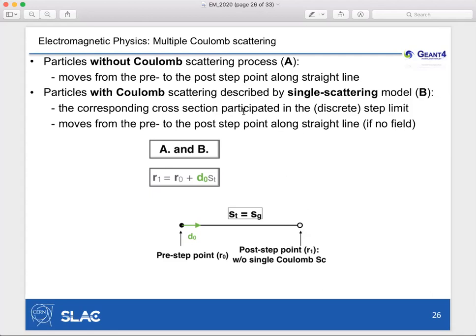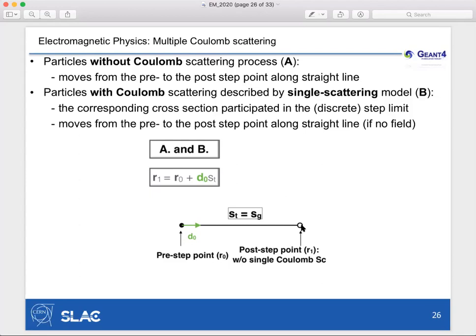Now, if the particle has Coulomb scattering, but it is described as a pure discrete interaction, so each Coulomb scattering is modeled individually, like in the case of DNA, then the Coulomb scattering will participate with its cross-section in the determination of the step length. So everything is fine. Even in this case, the particle will be moved from the pre- to the post-step point along a straight line, if there is no magnetic field. I say there is no field here just for simplicity. It is always moved along some kind of straight line between two points.